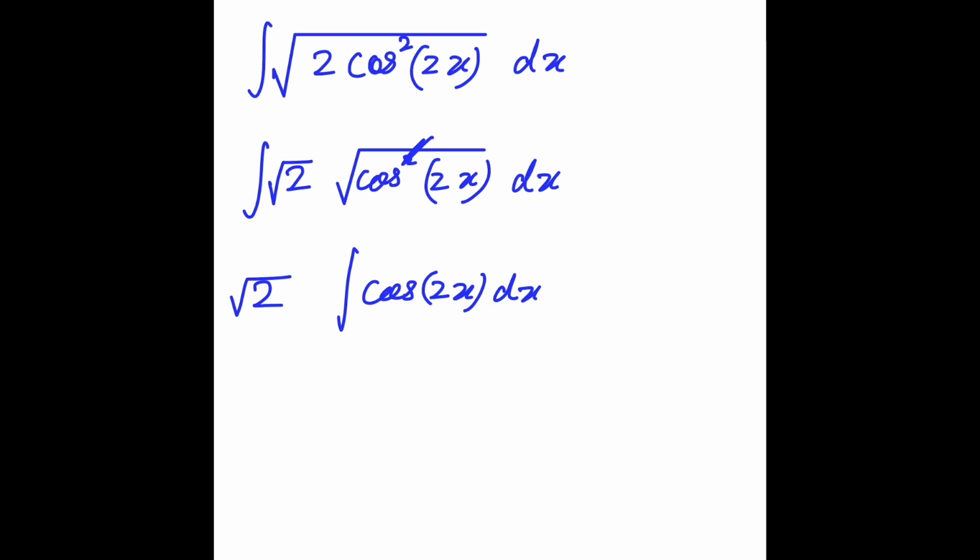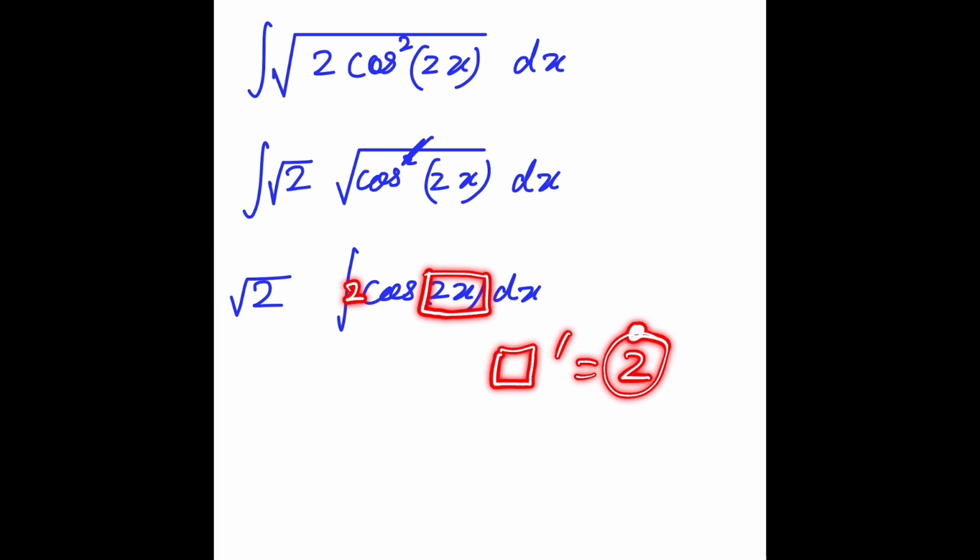Now let's integrate cos 2x. To do this, we treat 2x as a box here, and we take cos as an operator. We know that the integration of cos gives us sine. However, when we take cos as an operator and place 2x in the box, the differentiation of the 2x is going to be 2.